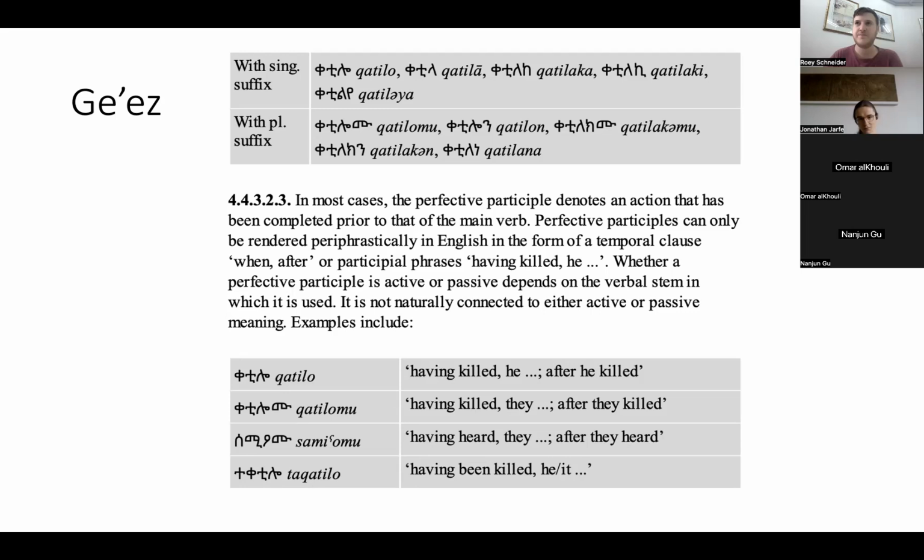So only for secondary verbs, but that's not exactly true because you can use this form even as a main verb. And there I have a hard time understanding exactly how to translate it. But katilo means something like having killed. He having killed did this, this, this. Or after he killed, he did this. But this can also be the main verb, which just means he killed, but in a slightly different way from katala. And I don't know exactly how to explain that.